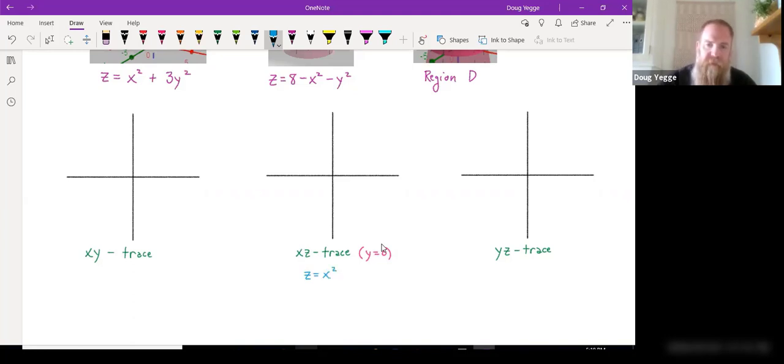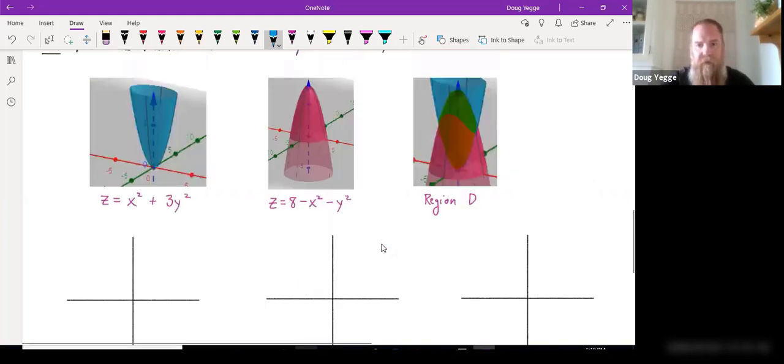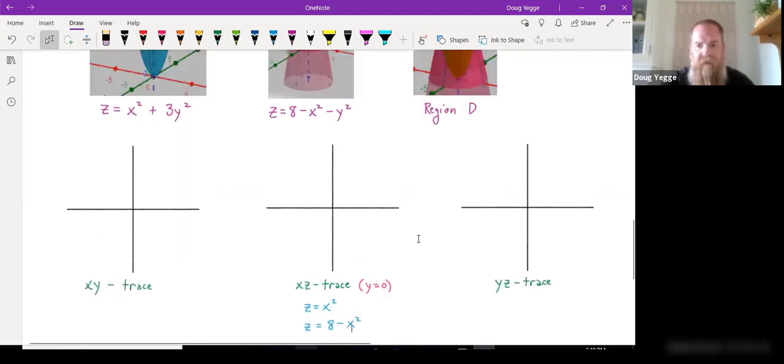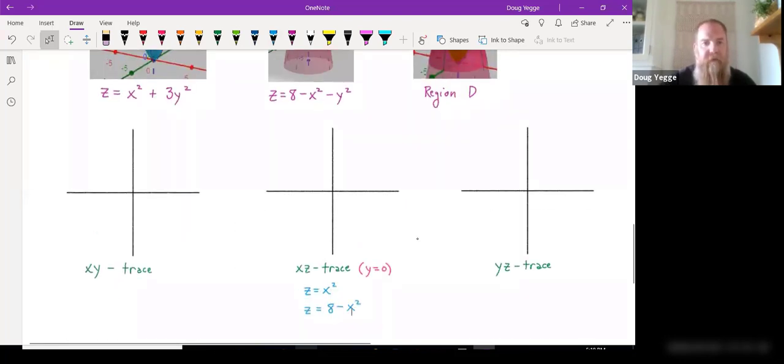And for the second function, we would get z equals 8 minus x squared. That's just by plugging in 0 for y in these two functions up here. I now get two variable functions that I can graph. So let's graph both of those.